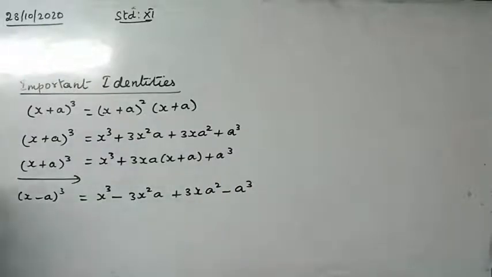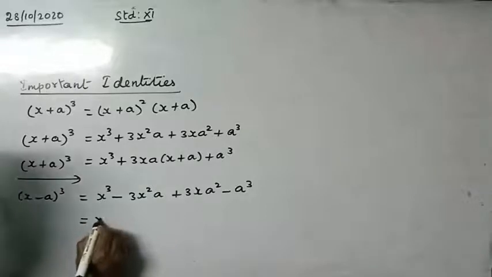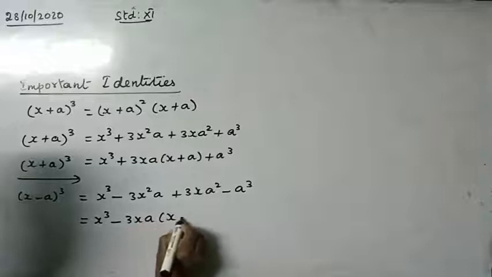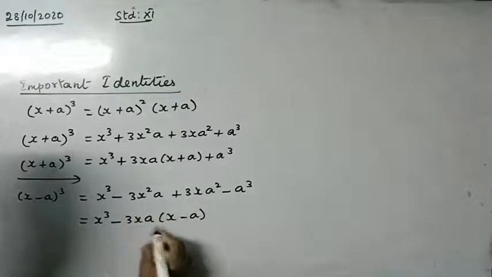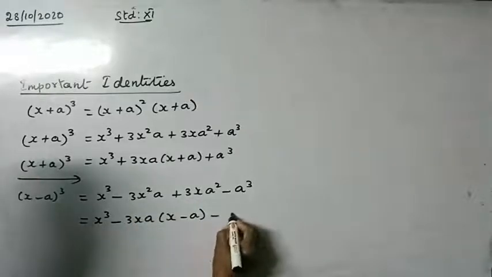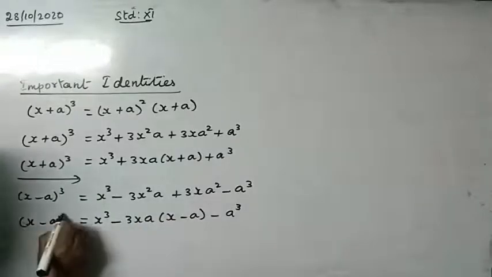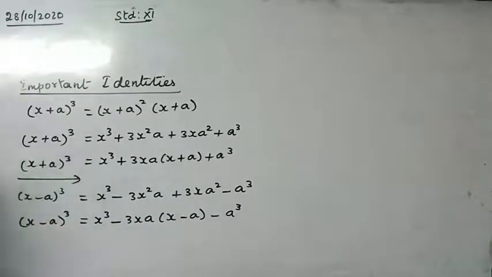Otherwise we can write it as x cube minus 3xa into x minus a, minus a cube. So x minus a to the whole cube is equal to this one.